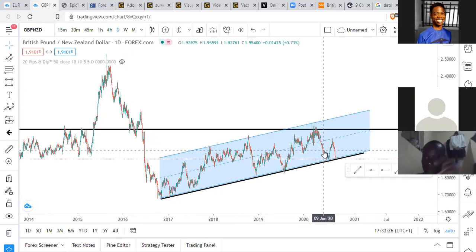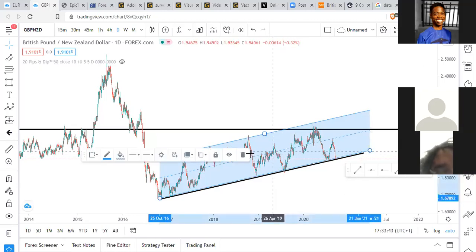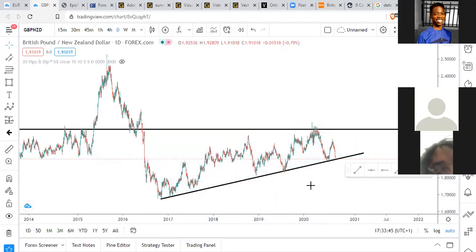You follow the trend. If it's a bullish trend, you look for buy opportunities. If it's a bearish trend, you look for sell opportunities. That is what I mean by the trend is your friend until the end.